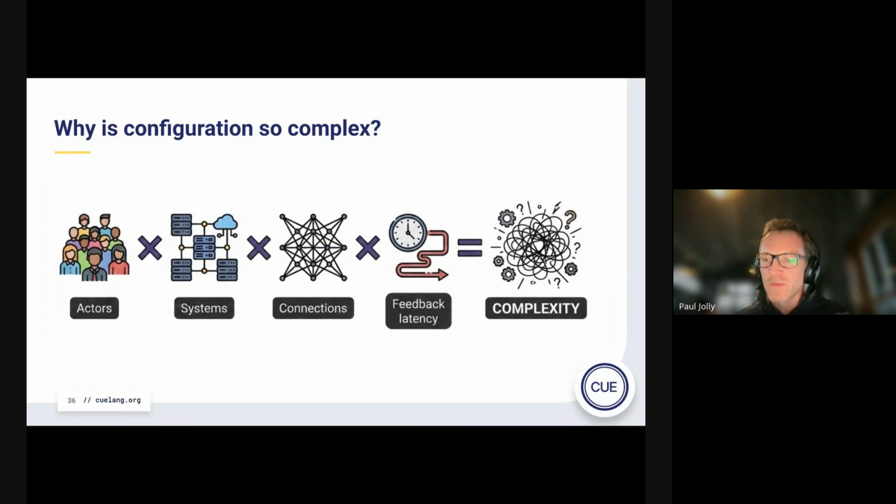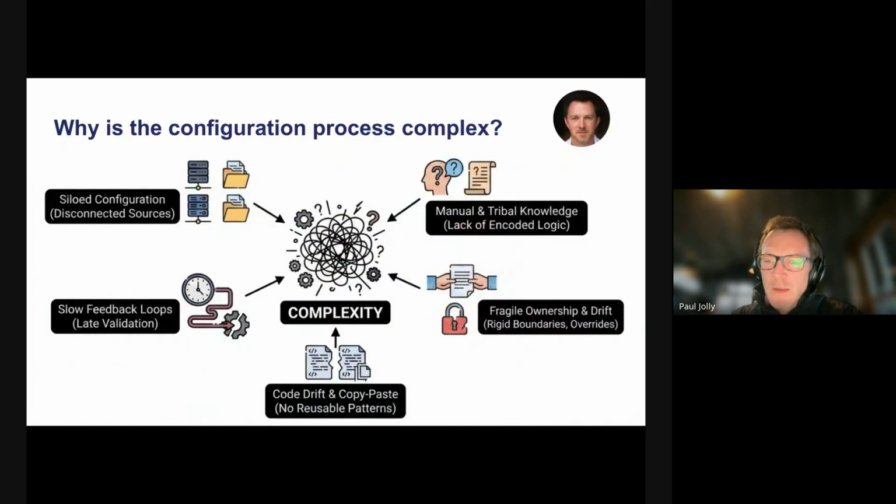It's in very loose terms here, because this is clearly not a mathematical equation with those images in there. And not just that, but what additional friction there is on top of that complexity, or contributing to it, where we as humans are involved in the configuration process as well.